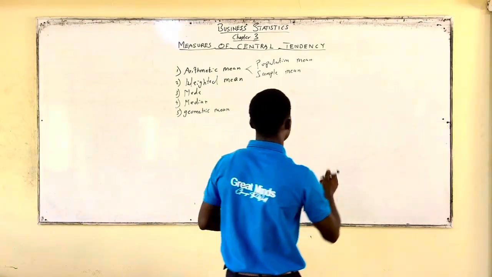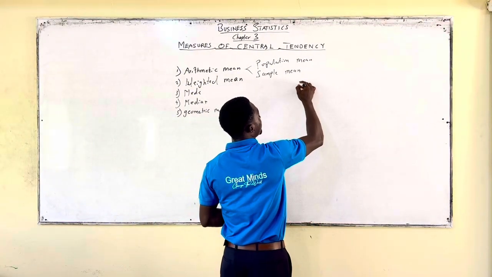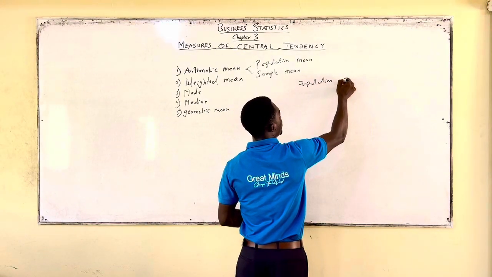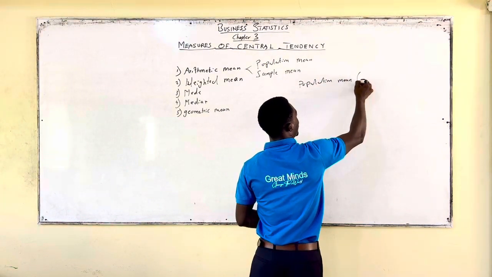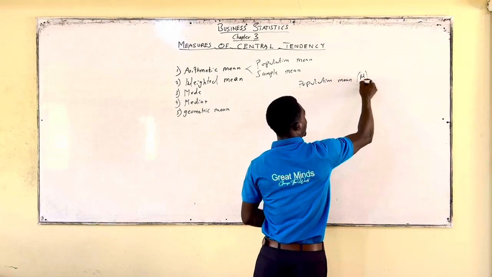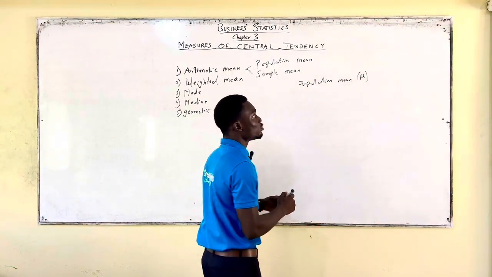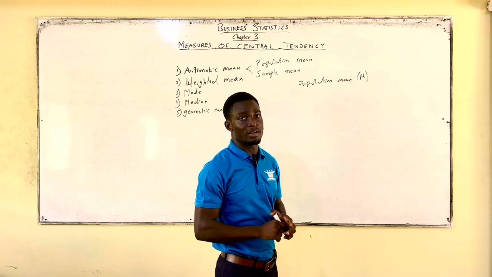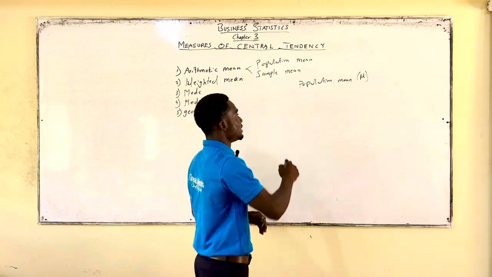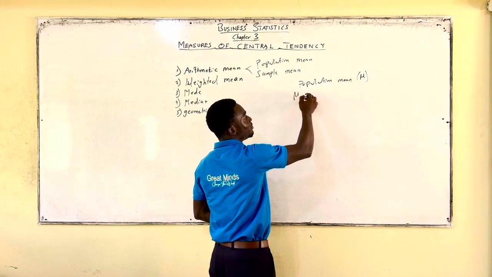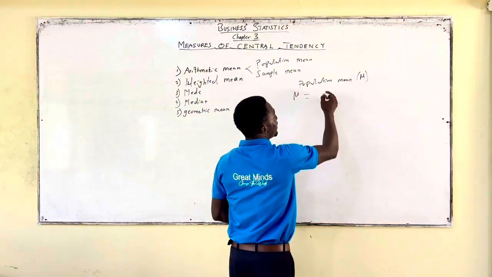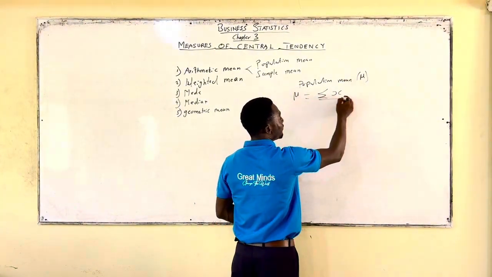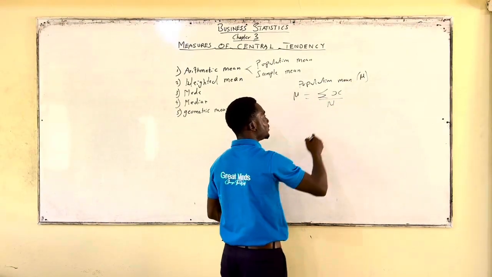Now, if you want to find the population mean of any given values, you say that population mean is equal to the sum of x divided by n.